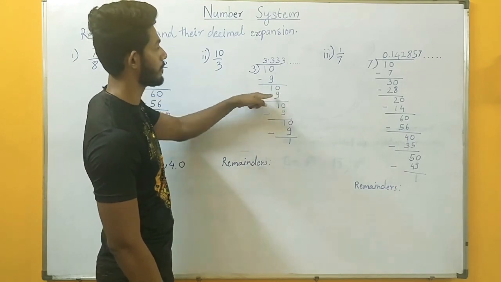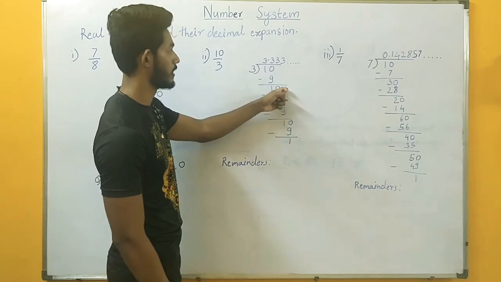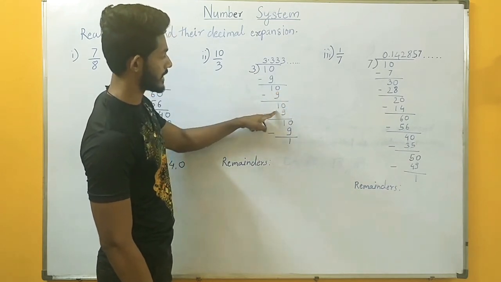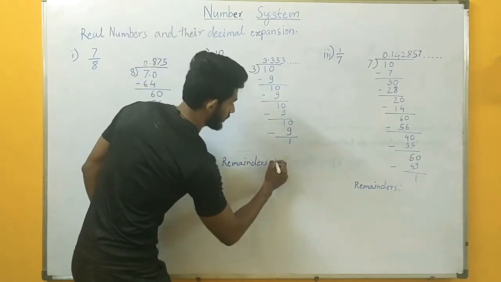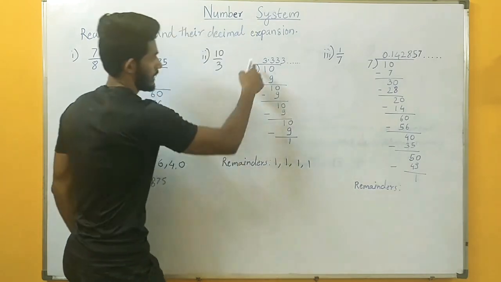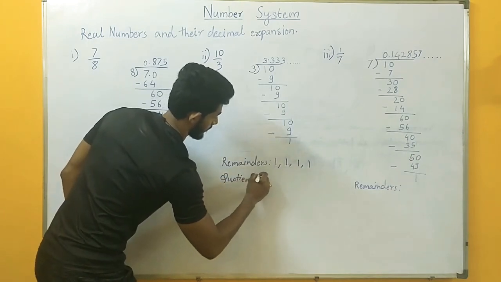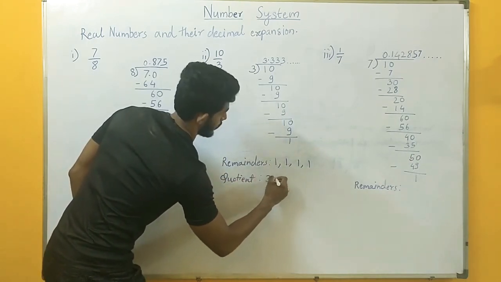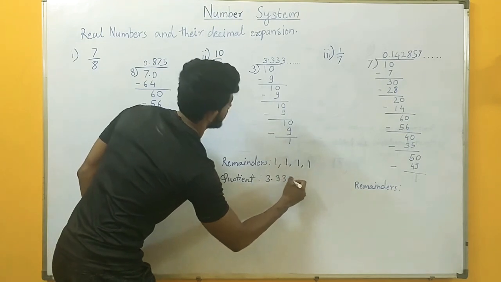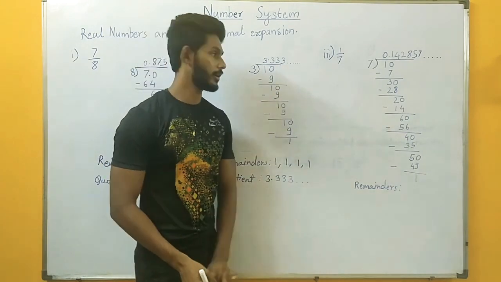So then if we perform this division one more time by taking 0, that is decimal expansion, we are getting remainder as 1, 1 and 1. So every time we are getting remainder as 1, where my quotient becomes 3.333 and so on. So these steps will go on continuing.